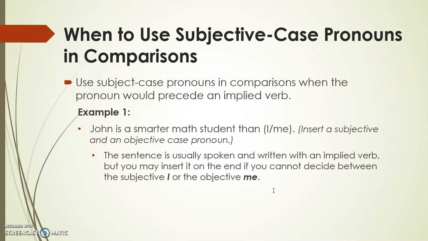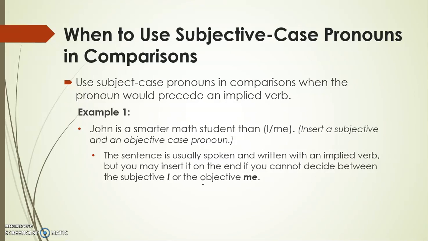By implied verb, I mean that when we English speakers use comparisons that end with pronouns, we tend not to put the verb back on the end of the sentence. And this is what causes the problems. For example, in this sentence, John is a smarter math student than I or me.